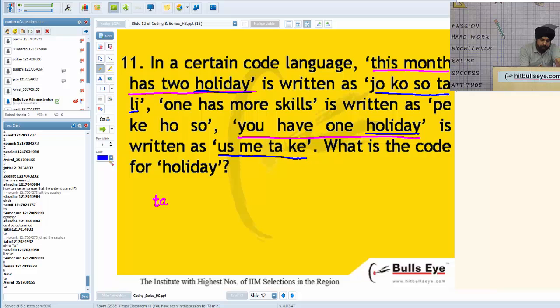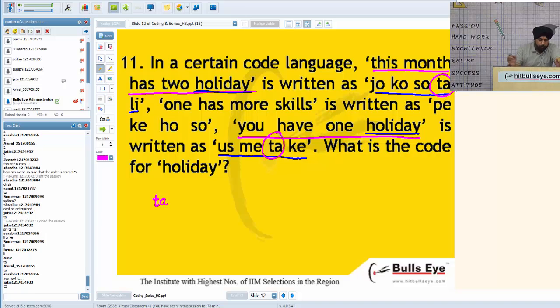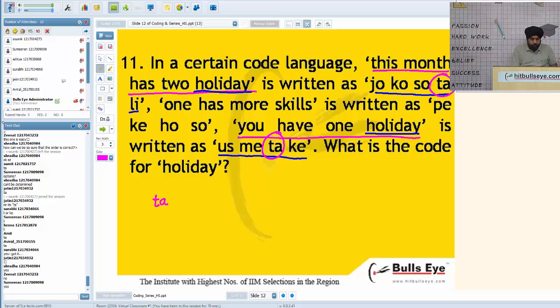It seems some Chinese has made this question, right? Now just see, the only common word was holiday and the only common code happens to be the word TA, right? So the answer is the word TA, students. I hope you all have got it. Okay, so let's move on to the next one.